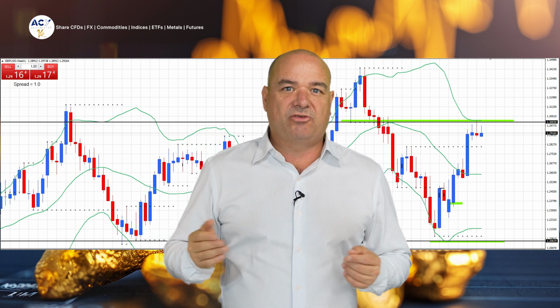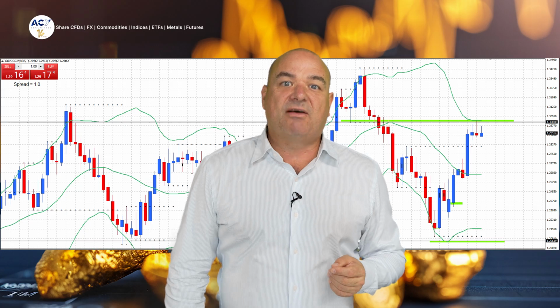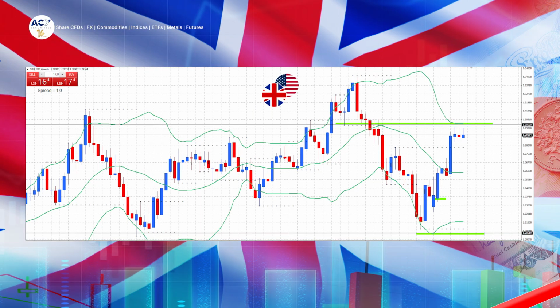Okay, and confirmation. Let's take a look at the pound dollar. So let's have a look at the cable. So the cable, you'll see, looking at the Bollinger Band, price basically sold off all the way down to the monthly support levels, okay? And it also happened to be the bottom of the Bollinger Band.